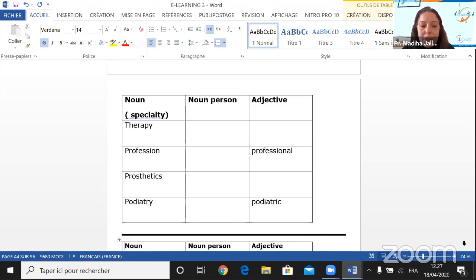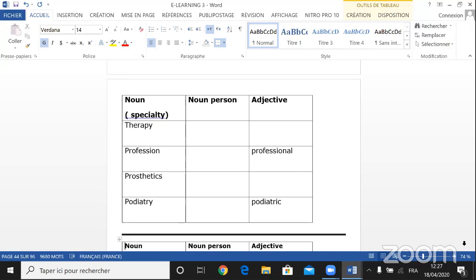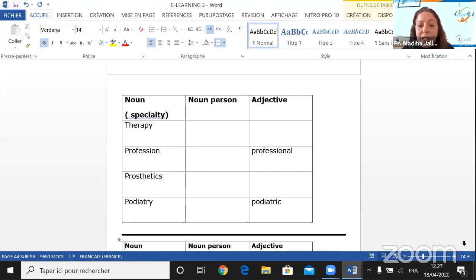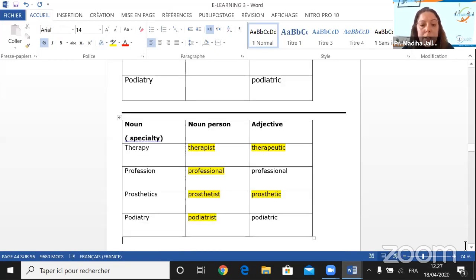Then podiatry, the branch that deals with the problems of people's feet. So the person is a podiatrist, or chiropodist, but here podiatrist because you have podiatry, and the adjective podiatric, the pronunciation is different. Here are the answers: therapist, therapeutic, professional, prosthetist, prosthetic, podiatrist.